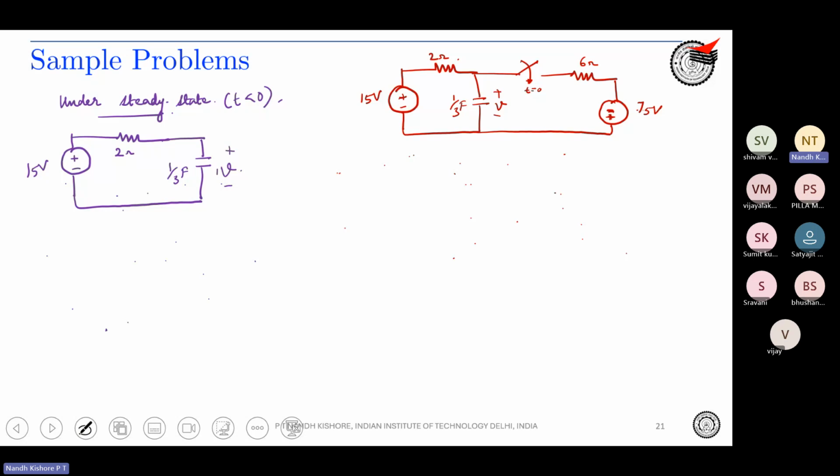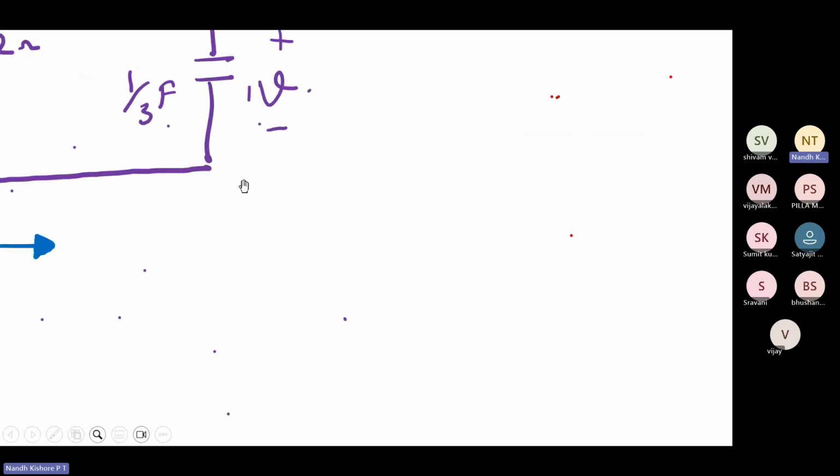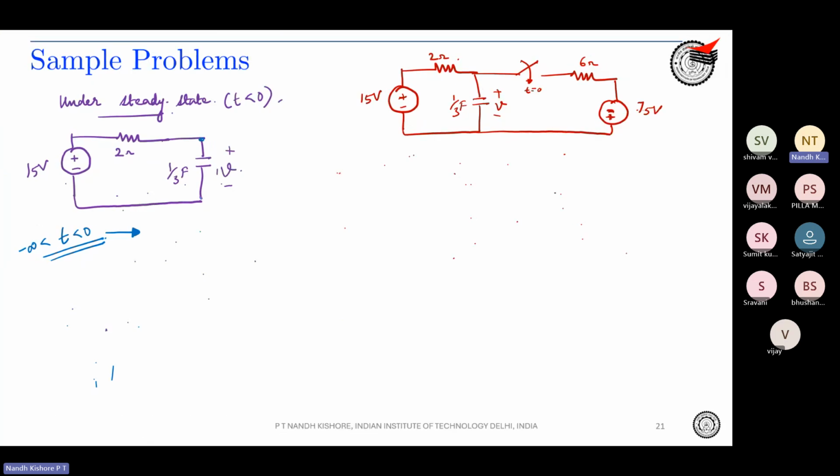There is no resistive element apart from the 2 ohm resistor for voltage division to happen, right? So at infinite time, that is, we are seeing the time from minus infinity to 0, infinite time has passed. So the capacitor has reached steady state, which means the capacitor is open. So you understand that the entire input voltage is coming.